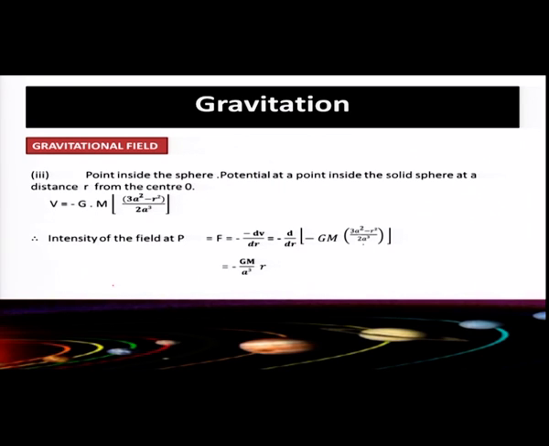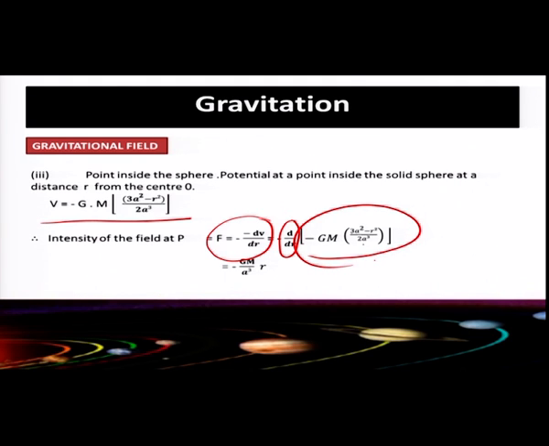And for the point inside the sphere, the potential at a point inside the solid sphere at a distance r from the center O is V is equal to minus G m into 3 a squared minus r squared by 2 a cube. And we will derive the intensity at the field P. The intensity at the field P is given by F is equal to minus dV by dr. So, minus d by dr. In place of V, we already derived this expression.